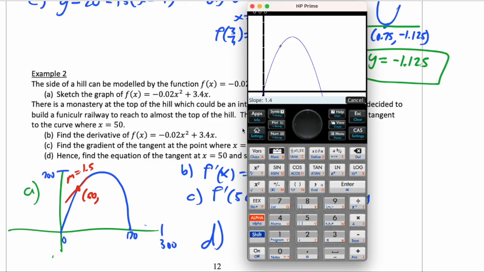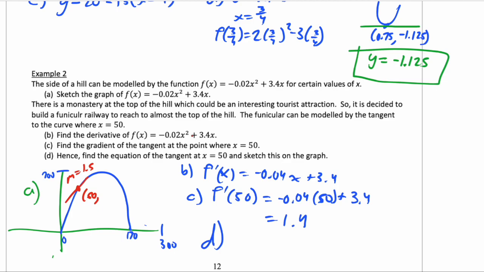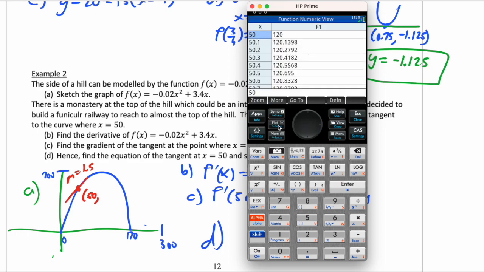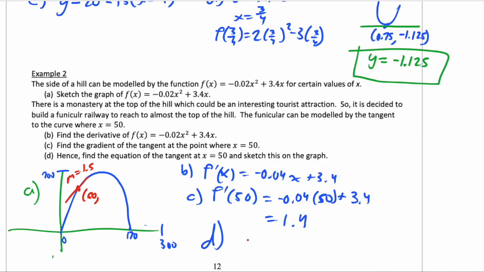No. You can substitute it in to find the y value, or you can just go to the table. At x equals 50, you can type in 50 and press enter, and it'll take you here. It's 120. So the equation of the tangent is going to be y minus 120 equals slope times x minus 50.